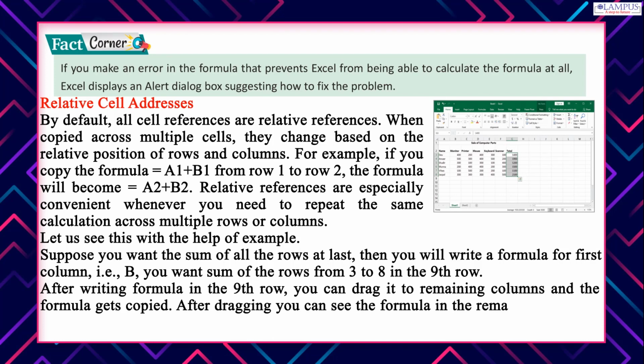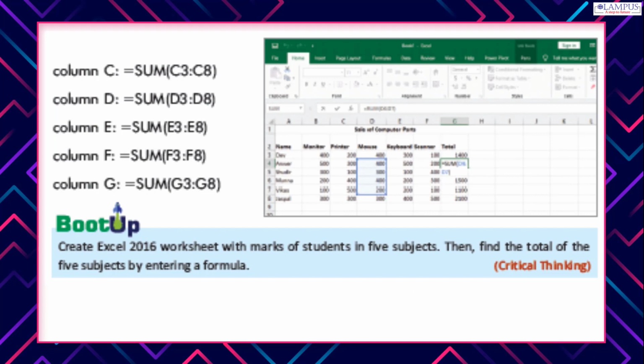After dragging, you can see the formula in the remaining columns written on the next page. Column C equals SUM(C3:C8). Column D equals SUM(D3:D8). Column E equals SUM(E3:E8). Column F equals SUM(F3:F8).